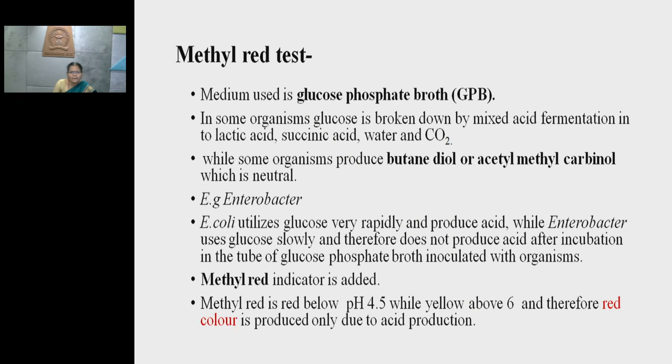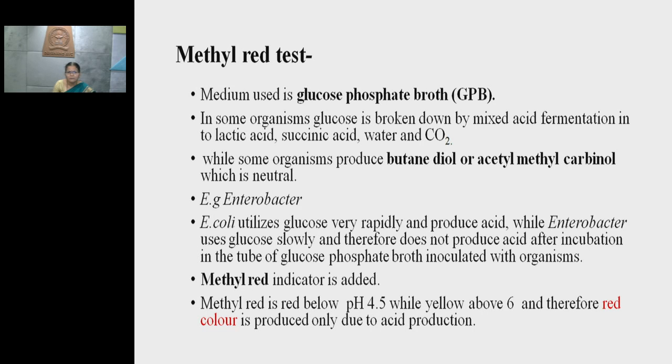Okay. Then the second test is the methyl red test, in which the methyl red indicator is used. The medium used for this test is glucose phosphate broth, that is GPB. In some organisms, glucose is broken down by mixed acid fermentation into lactic acid, succinic acid, water and CO2, while some organisms produce neutral compounds like butanediol or acetyl methyl carbinol.